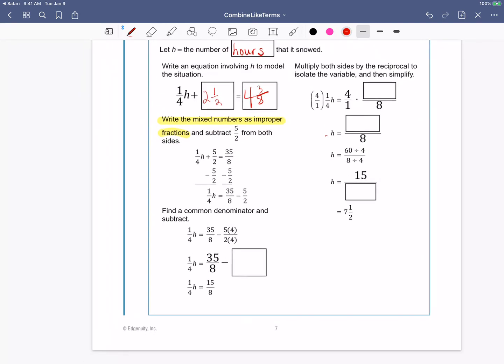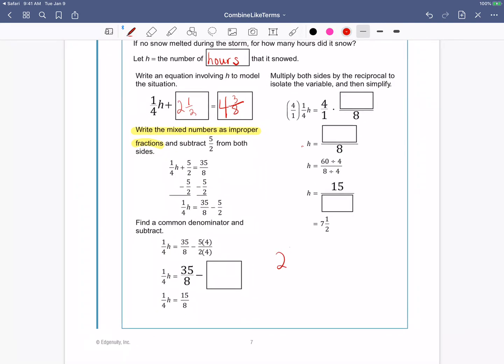So if you remember, to change a number from a mixed to an improper, you need to multiply the denominator, so 2 times 2 is 4, and then you are going to add the numerator, which is 5.